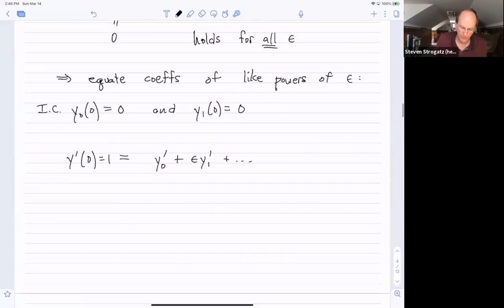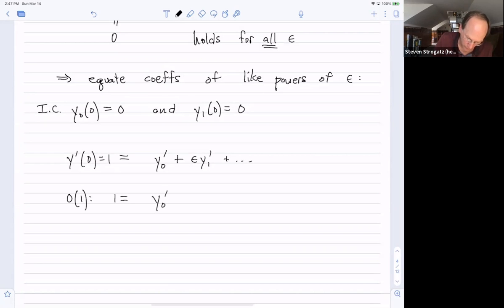So reading off the different powers of epsilon again, you see what's happening here is that the order 1 term, that is the ones with no epsilons in it, would give us 1 equals y0 prime at 0, whereas the order epsilon term would give us, there is nothing here at order epsilon, so we get 0 on this side, whereas here at order epsilon, I have y1.